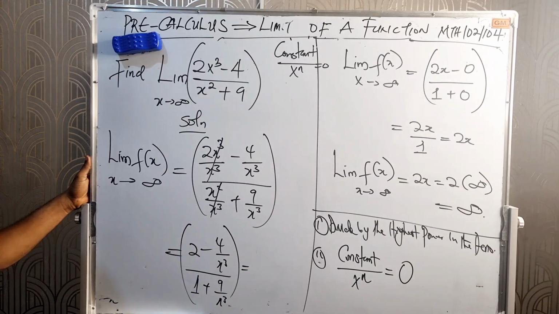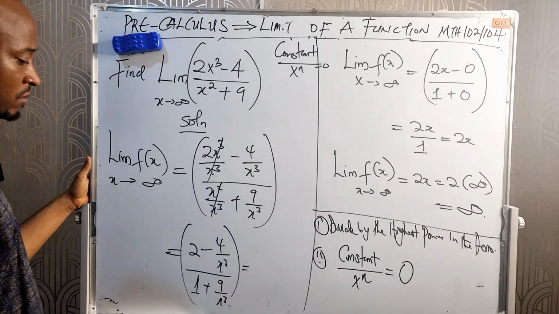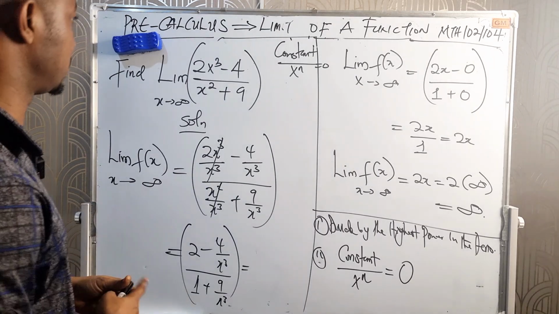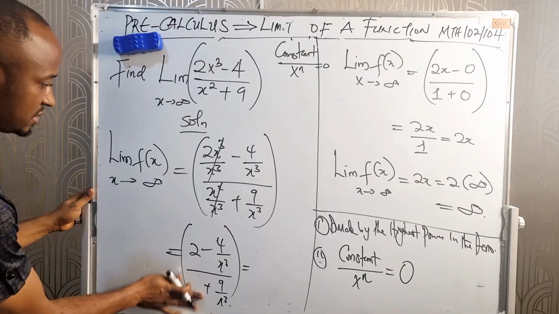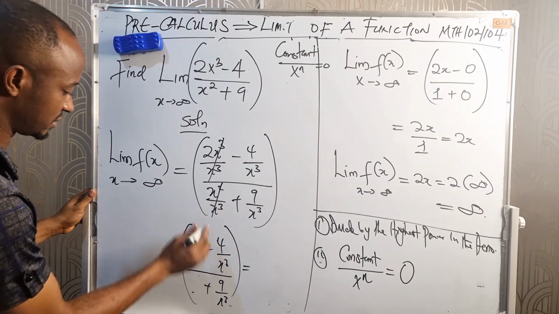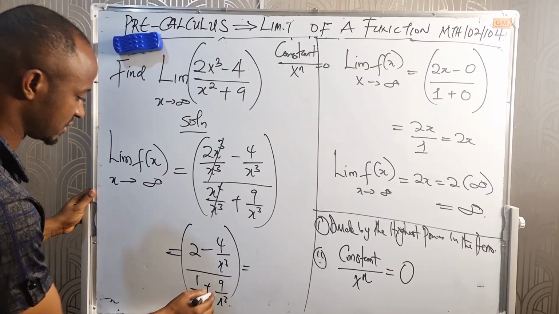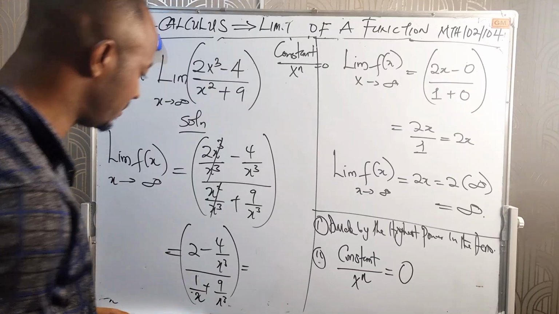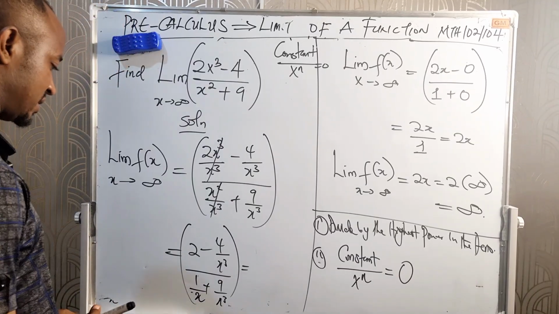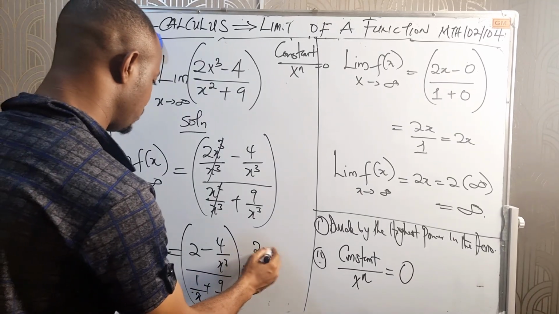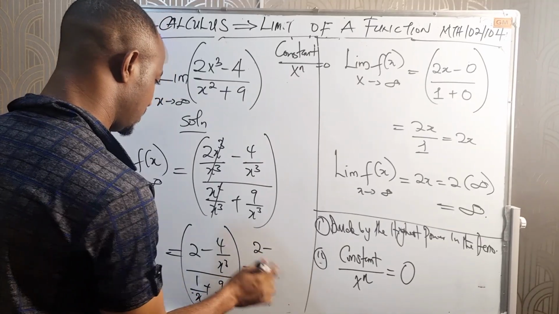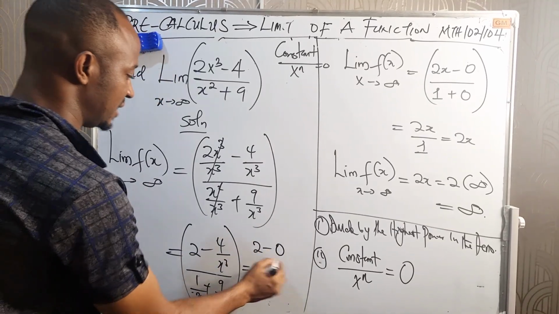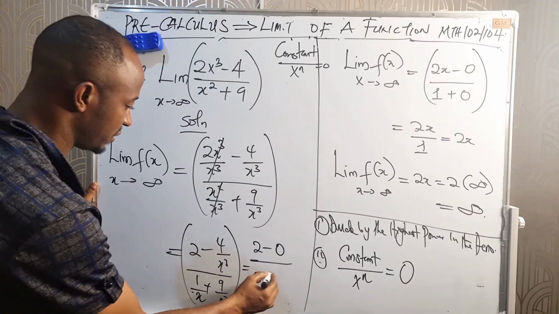Okay, let me check something. Okay, no, this is 1 over x. Am I communicating? So by the time we go further, we have 2 minus 4 over x cubed, which is 0, over 1 plus 0.